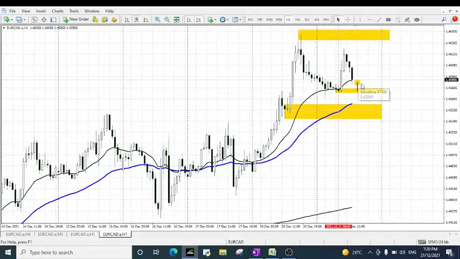Small candle with a wick to the downside. Maybe another candle, not maybe, see another candle that also pushed and showed clear rejection. Then for sure we're gonna be taking this. So at least there's this high.